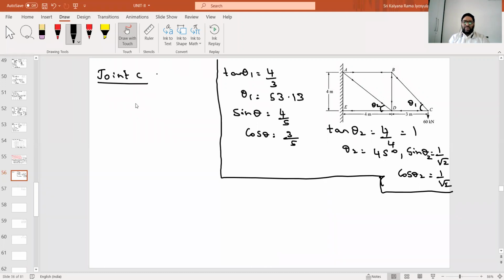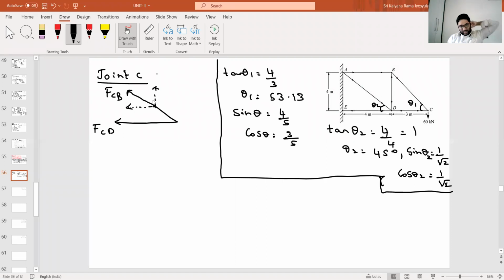Now let us start with joint C. If you take joint C, what all do you have? Here we have FCB and FCD, and we have the forces resolved into components.